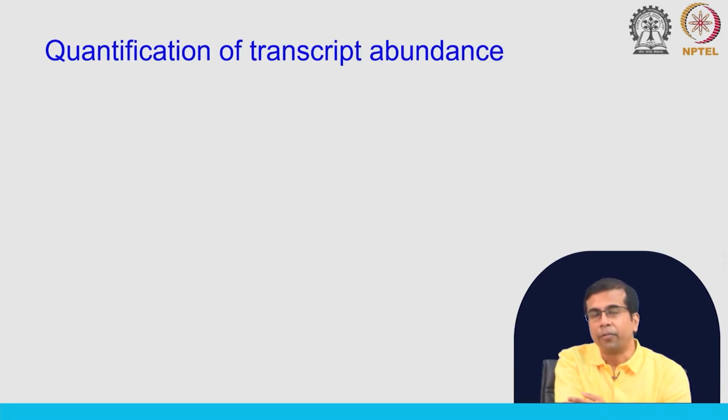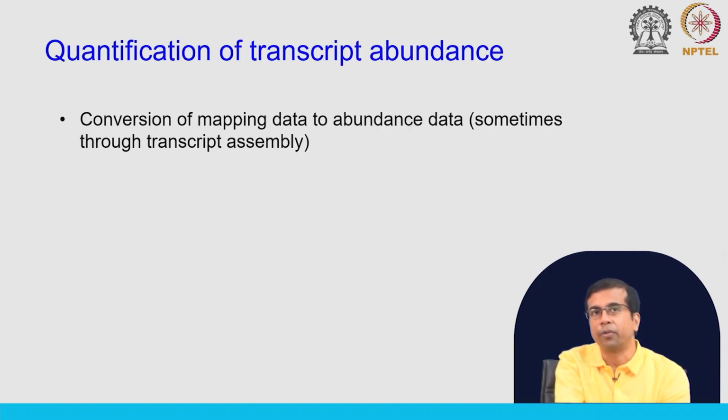The next step, once you have done the assembly and evaluated the assembly quality, is to do the quantification of transcript abundance. So, how do you actually quantify the transcript abundance? This is the process where you convert the mapping data to abundance data, and this process can sometimes go through the transcript assembly process, as you have seen.